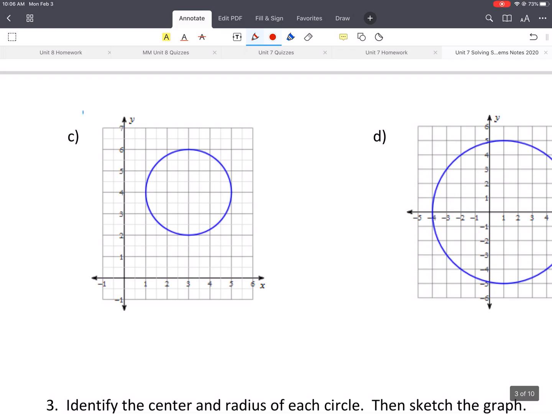Okay, here's another one. You could try these two. The center is (3, 4), and the radius, I'm going to go this direction, is 2. So (x minus 3) squared plus (y minus 4) squared is equal to 2 squared, which is 4.